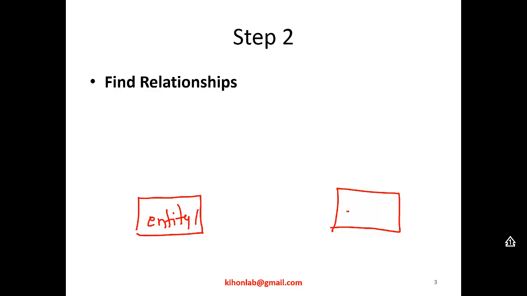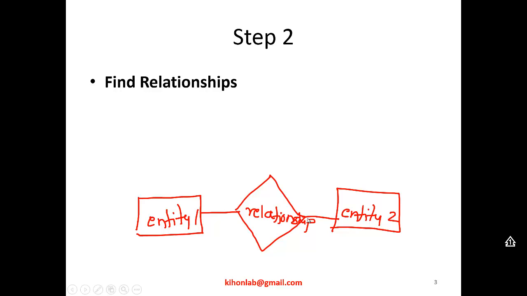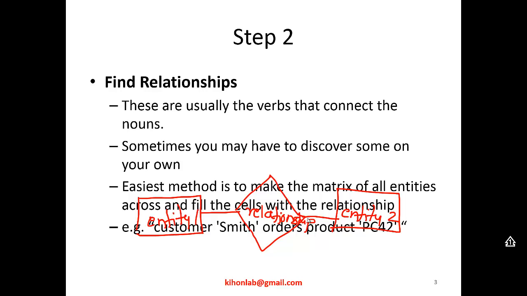Entity 1, entity 2, relationship. It will be represented by a diamond shape. These are usually the verbs that connect the nouns.